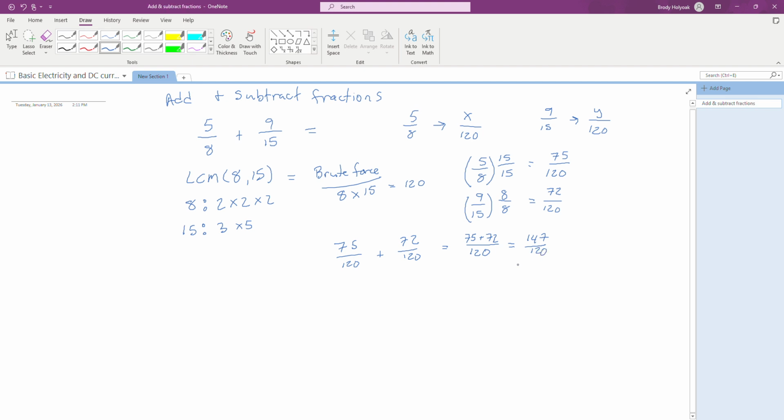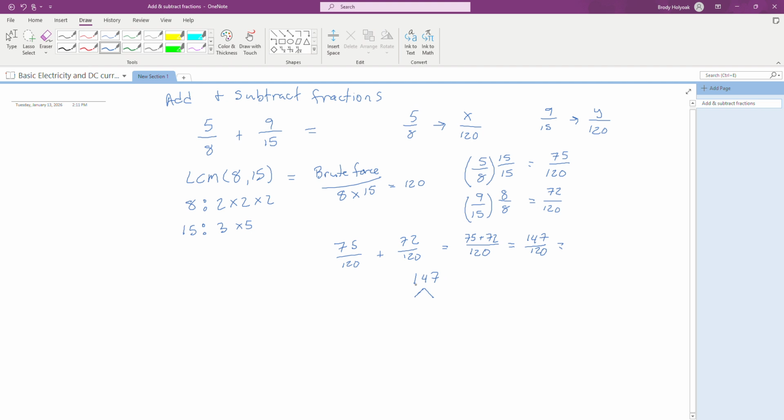And now we need to look at it to see if there's anything that we can take out of this. And we've got 147 and 120. So if we break them down, we'll just look at our factors. So 147, its factors are, I guess before we do that, we'll go with just the factor tree. So 147, we're going to break it down.